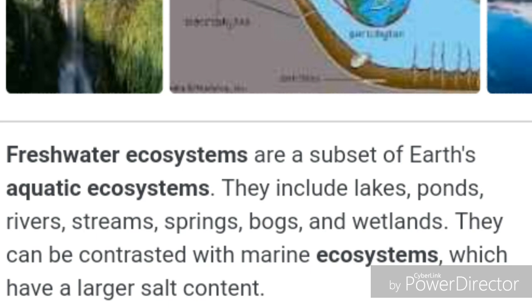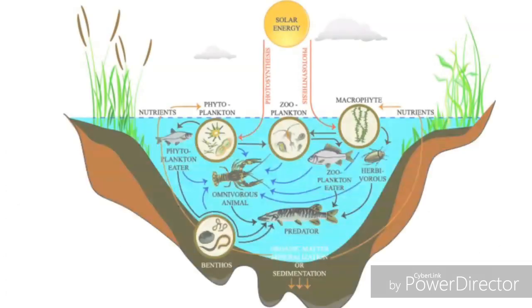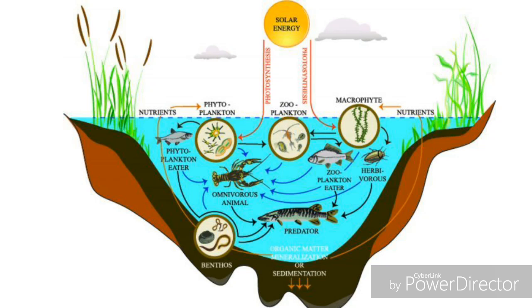They can be contrasted with marine ecosystems which have a large salt content. Freshwater ecosystem is a habitat for animals like fishes, prawns, crabs, tortoises, snails, and primary producers like green algae and hydrophytes, that is, aquatic plants.